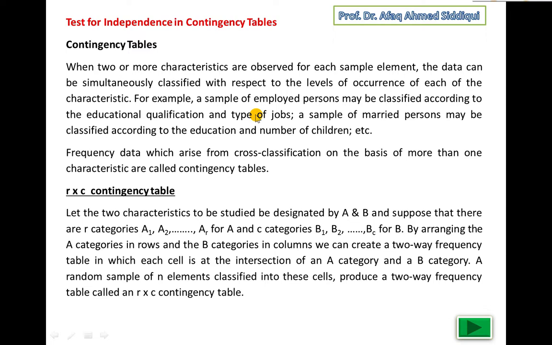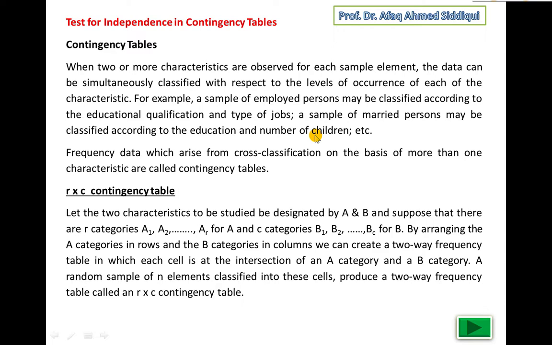Okay. Similarly, a sample of married persons may be classified according to education and number of children. You can also classify this education into groups: matric, inter, graduate, non-graduate, etc. Then we will represent the subgroups in rows and columns.